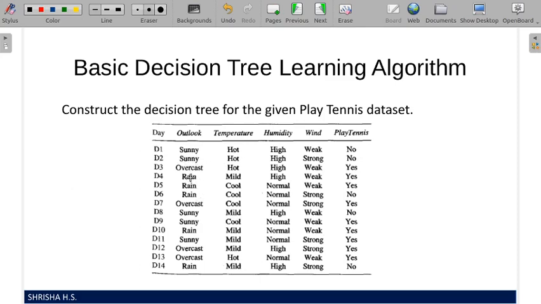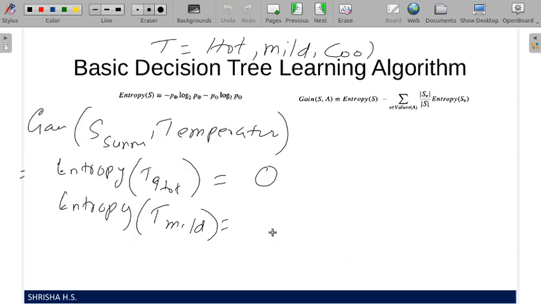So we have sunny, mild, sunny, cool. Sunny, mild: 2 instances are there. One is no, another one is yes. So it's a case of entropy where the outlook is sunny and temperature is mild.